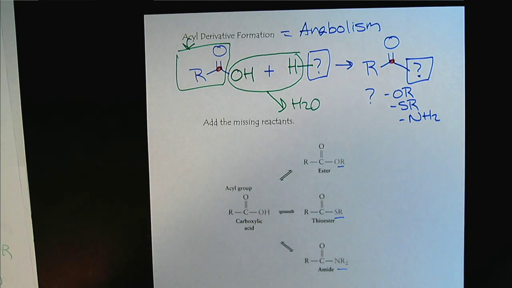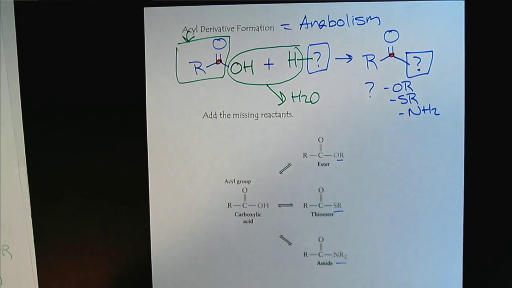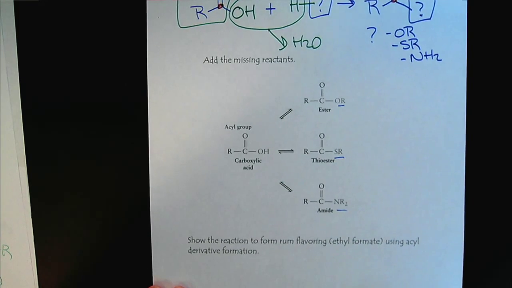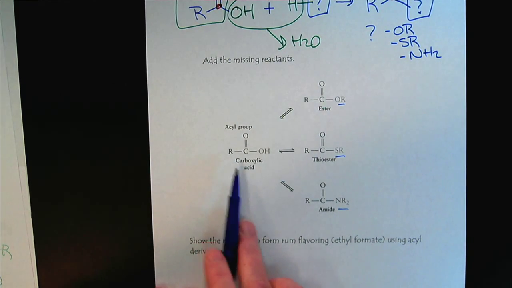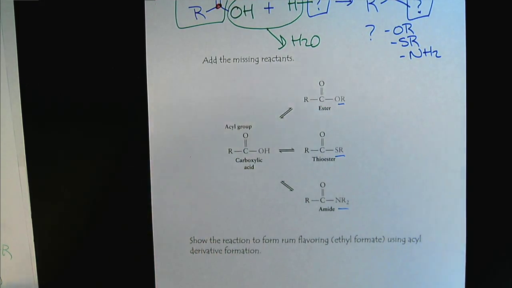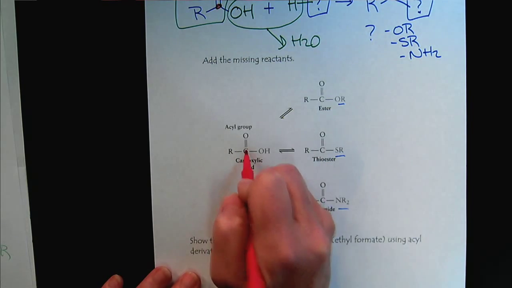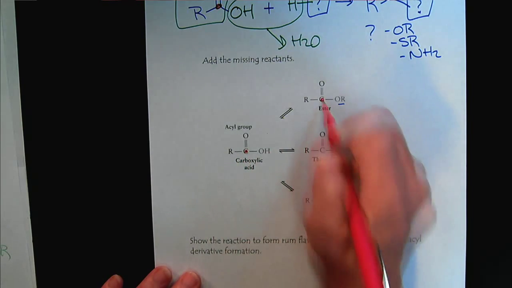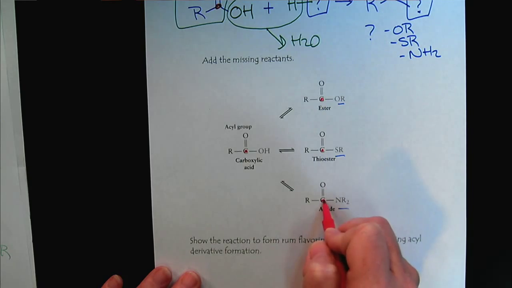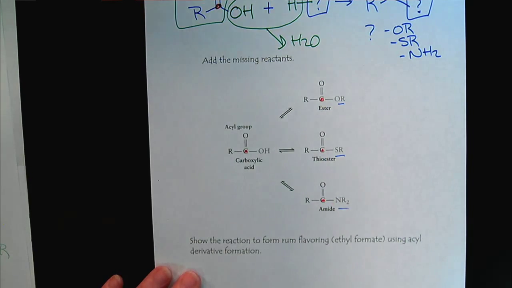Alrighty, so let's see how well you're doing. Take a moment to get your bearings, label your acyl groups, and see if you can figure out the missing reactants. So the first thing I like to do is identify the carbonyl of the acyl group.